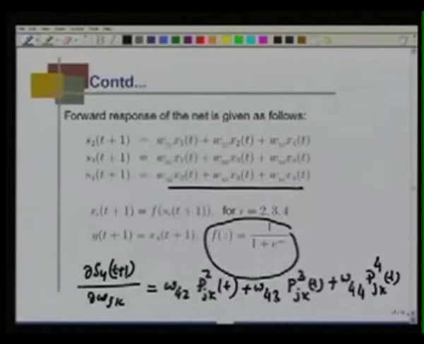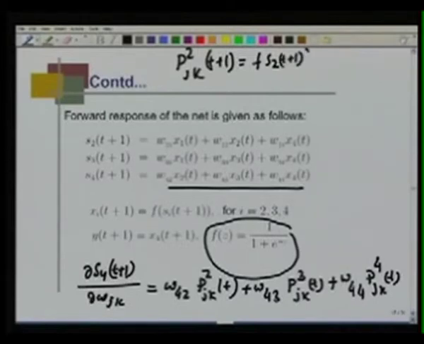if I go to the previous page, if I write P2JK at t plus 1 will be f of S2 at t plus 1, derivative of that, that is S2, that is x4 x2 at t plus 1 into 1 minus x2 at t plus 1 into, you can easily see that I have to differentiate this particular term with respect to JK.